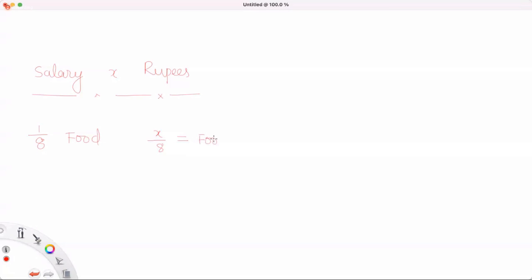The next data is 1 by 8 on shopping, so X by 8 is gone for shopping. And then 1 by 8 on the rent, so X by 8 is gone for rent.